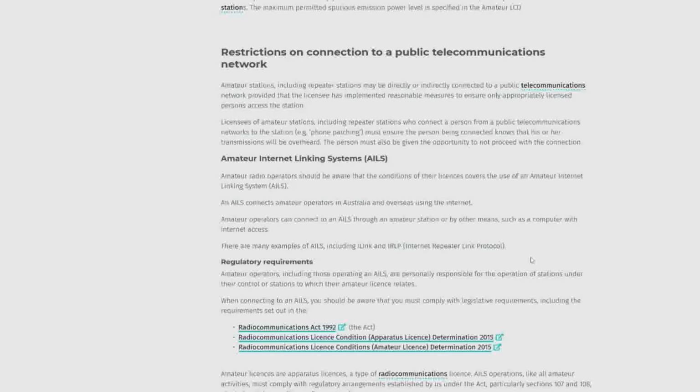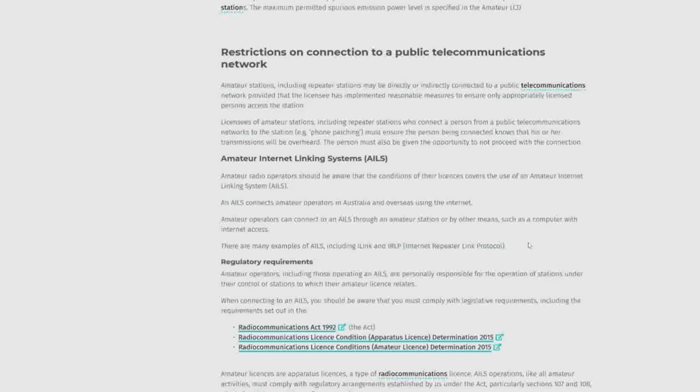Now this has been a grey area for a long time because radio amateurs were leading the technology and using telephone lines to connect repeaters together in an ad hoc way. In other words, you might have a local repeater and you want to connect it to a repeater in Germany.